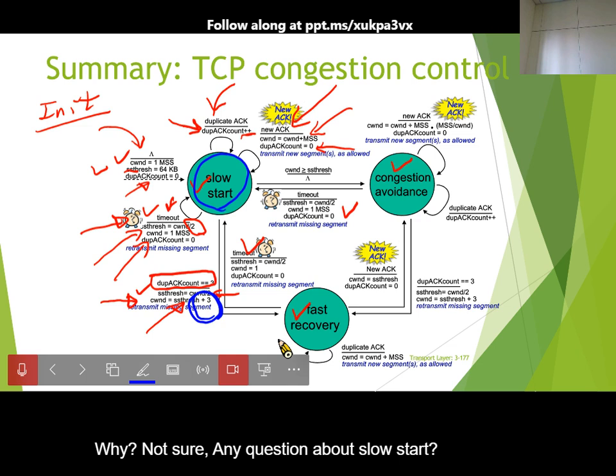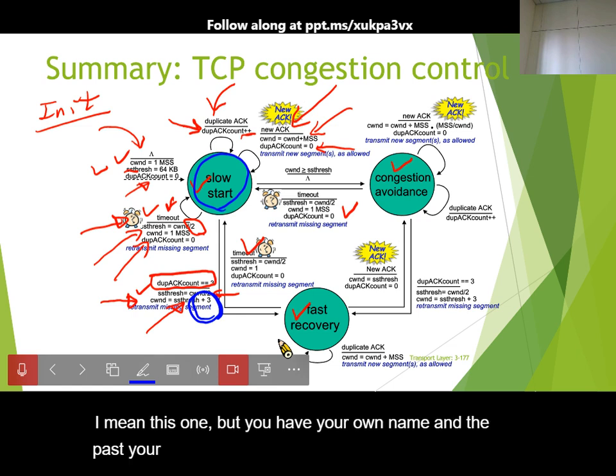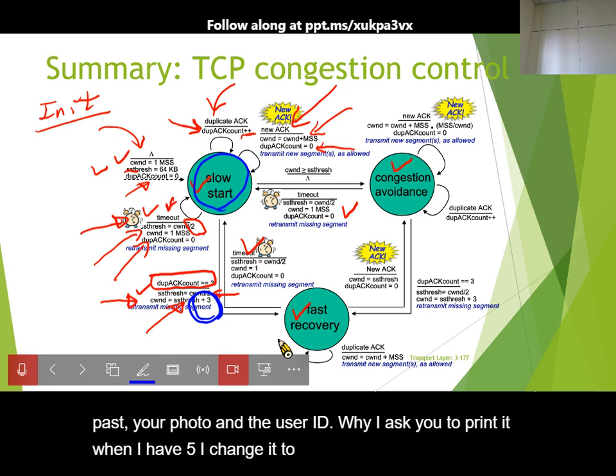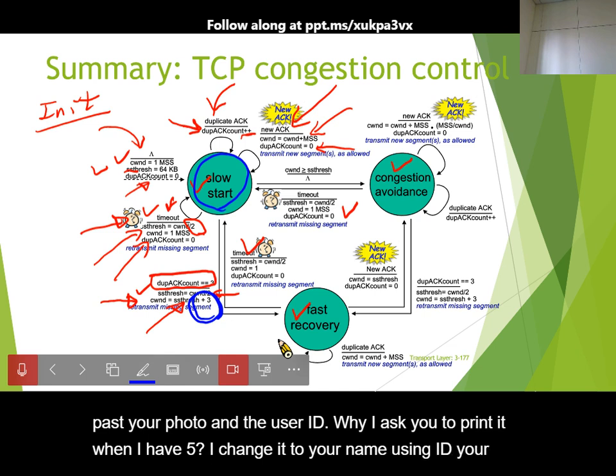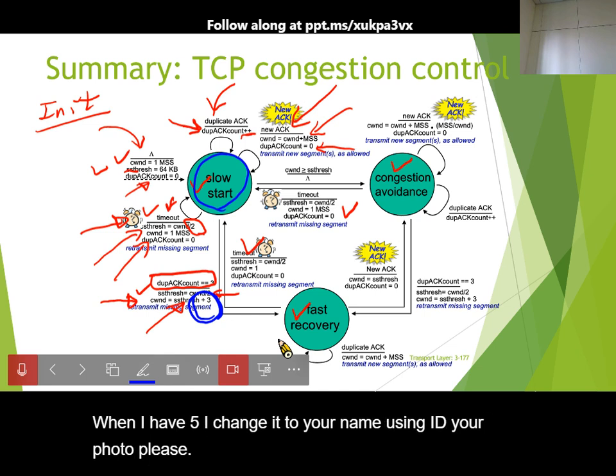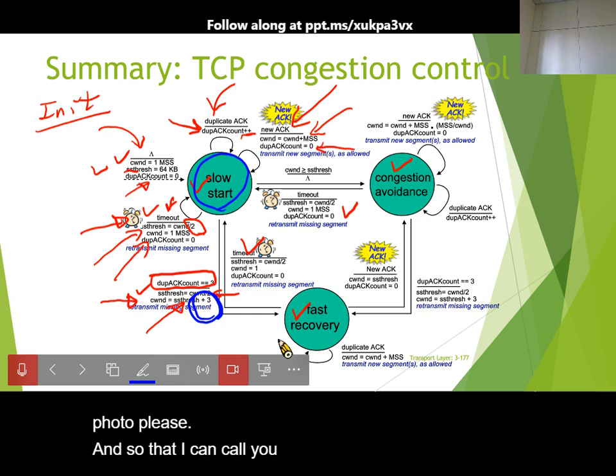I mean, this one, but you have your own name and possibly your photo and the user ID. Why do I ask you to print it? I will not have the file, but you change it to your name, user ID, your photo, please, so that I can call you easily because you have your name on this one.